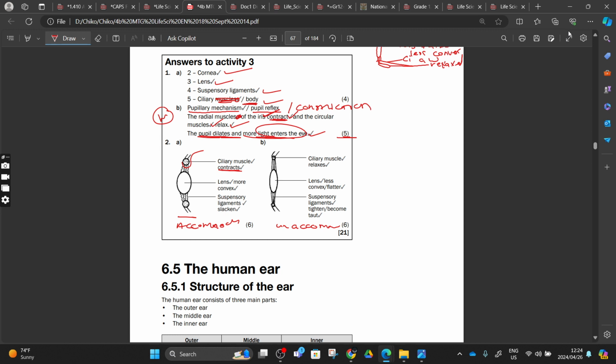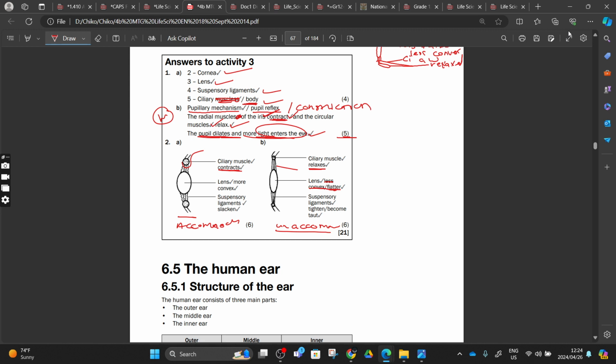You know that for muscles to contract, you need energy. Hence we say this one, you are accommodating, right? And when something is moving away, you are unaccommodating. Your lens is just staying as is. So this one, our ciliary muscles are going to relax. Our suspensory ligaments are going to tighten up. Our lens is going to be less convex, or flatter.